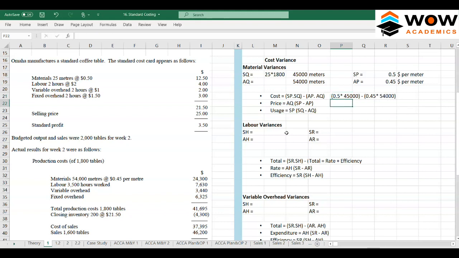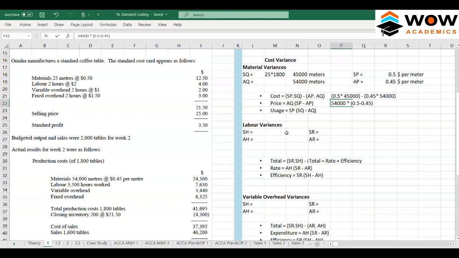Then the price variance: AQ, 54,000 meters, into SP minus AP, which is 0.5 minus 0.45.